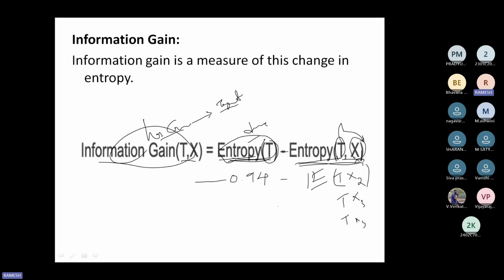For all four we will calculate the information gain, and the column providing the highest information gain will be selected as the root.